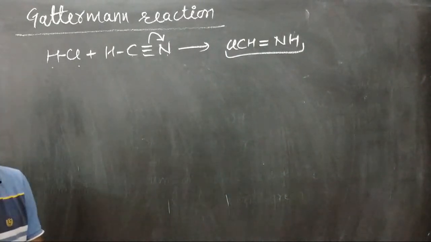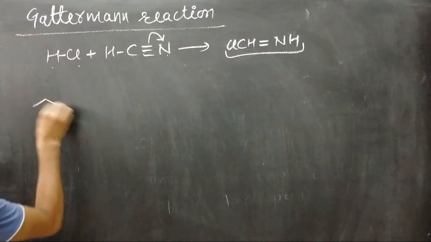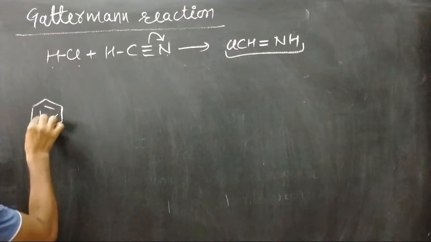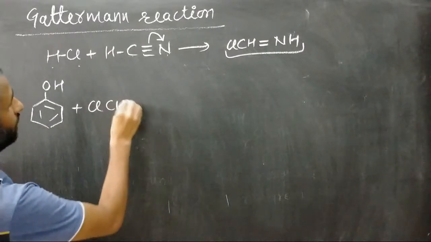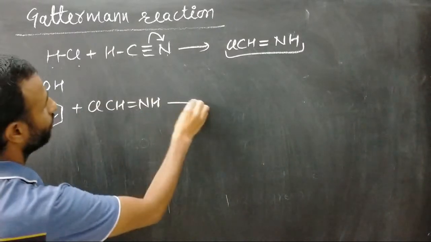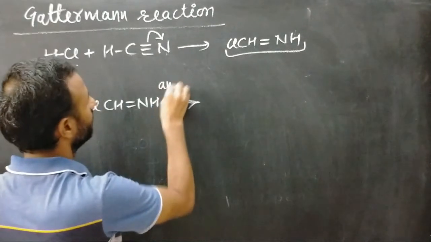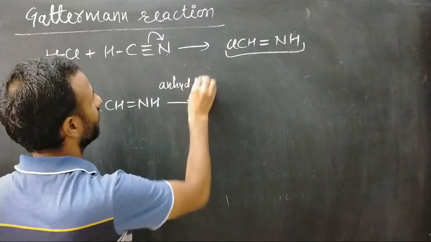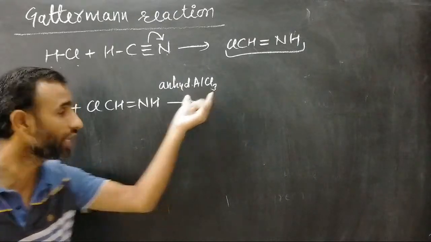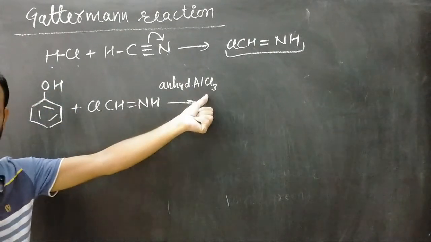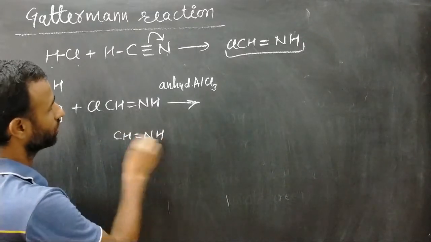CHCl double bond NH. Okay, so phenol reacts with CHCl double bond NH in the presence of anhydrous AlCl3. In the presence of anhydrous AlCl3, Cl negative ion is removed, so we get CH double bond NH positive.